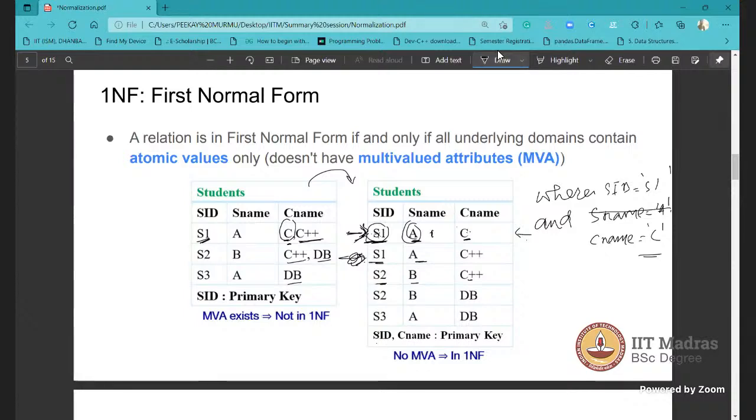Yes, we go for a higher normalization form in order to avoid those redundancies. Pradeep will discuss that. Then we need to break into tables, right? Yeah. So this table is only in 1NF. We are yet to discuss 2NF and 3NF. Actually, I do understand. The whole data is in a single table, and we are trying to understand the first normal form.